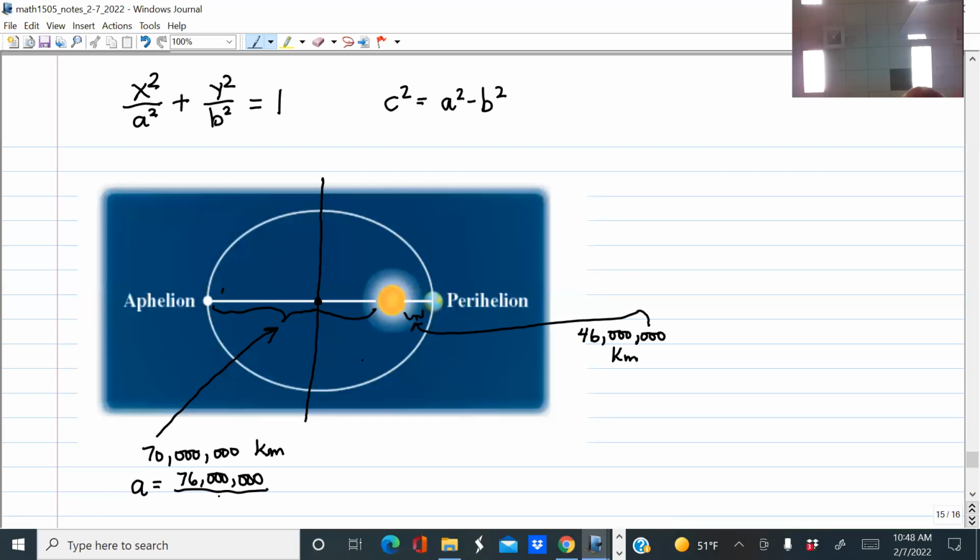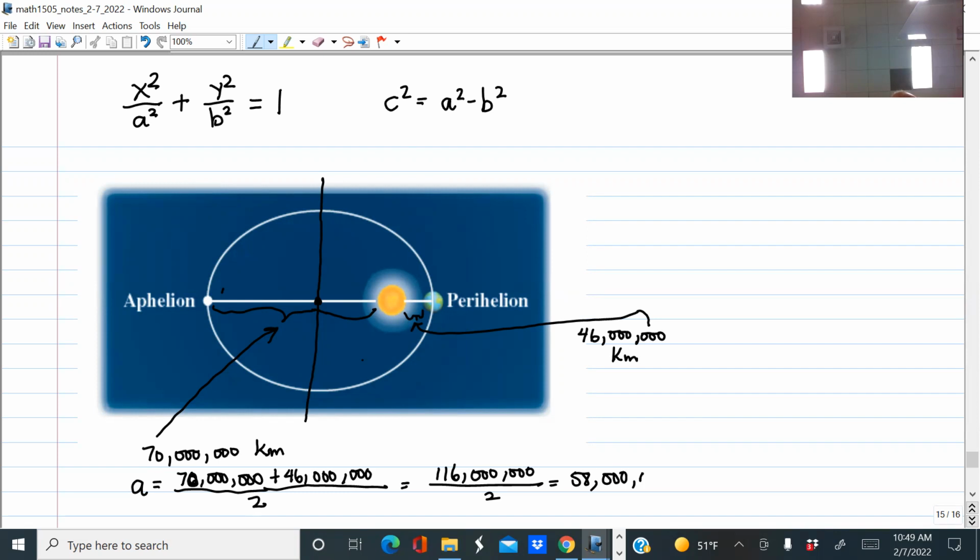So take the 70 million, add on the 46 million, and divide that by 2, and that will give you A. When you add those together, you get 116 million, divided by 2 is 58 million.